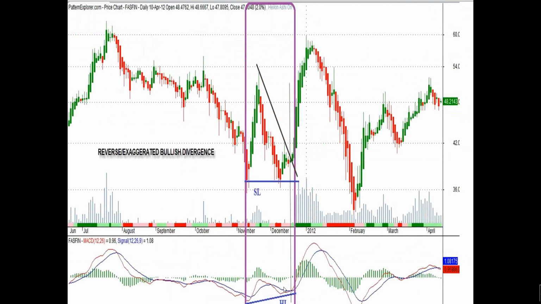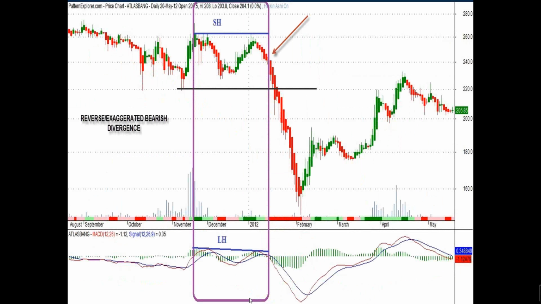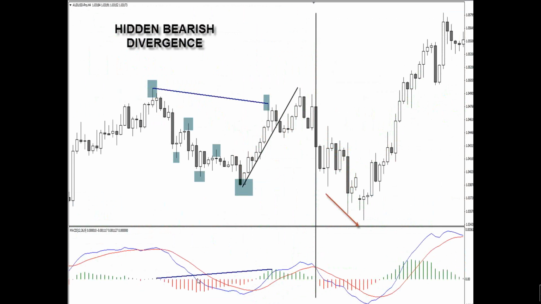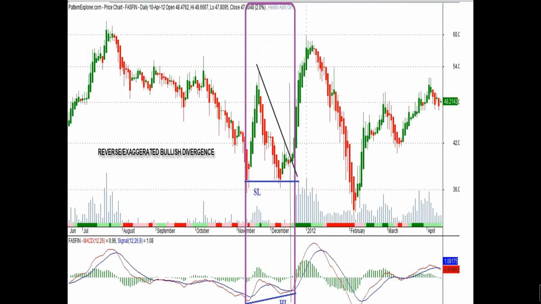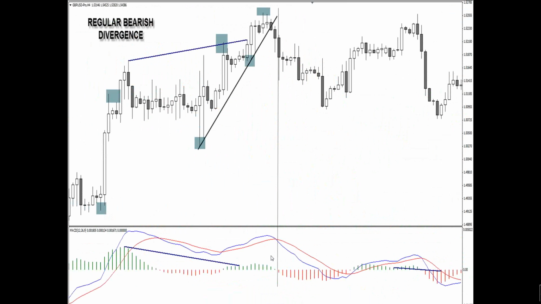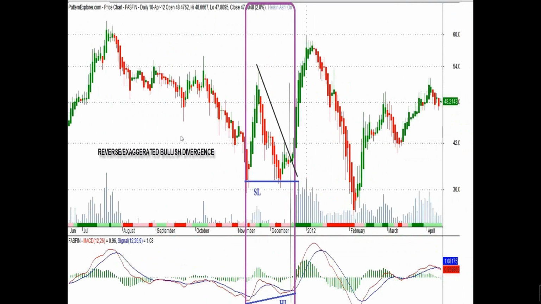Histograms are only for, okay, I didn't put it correctly. These lines are just showing you the tops and bottoms. Look at this, tops and bottoms. But at the same time, you use these lines for entries. I personally look at histograms for MACD. Now I'm talking particularly about MACD.